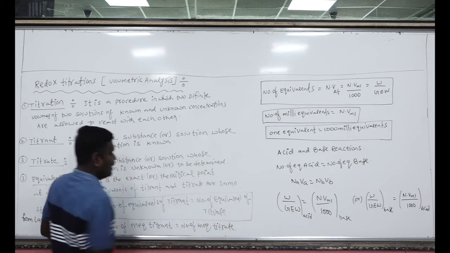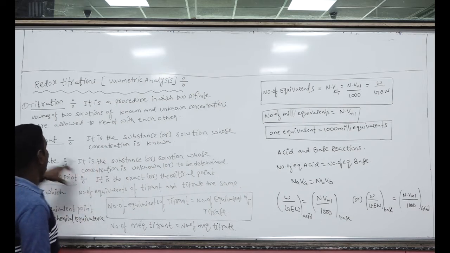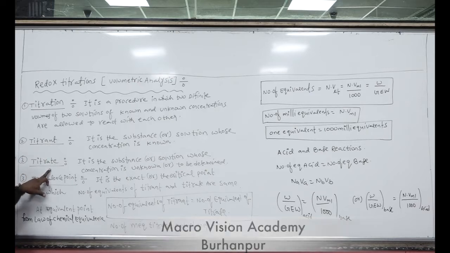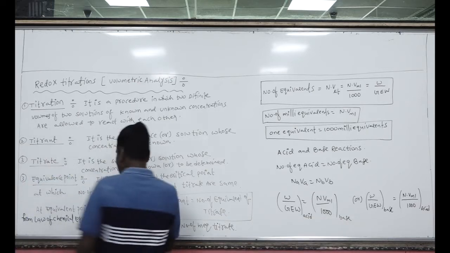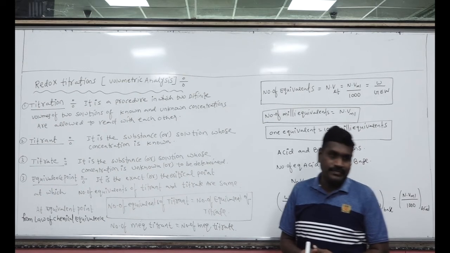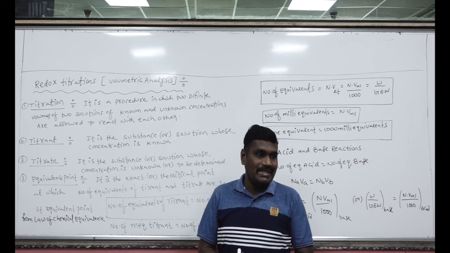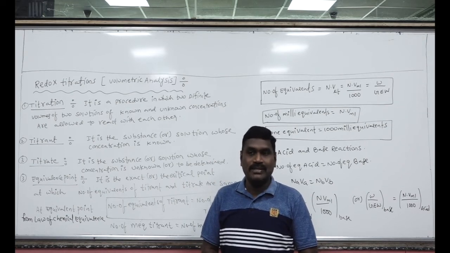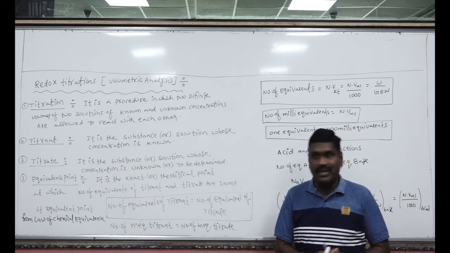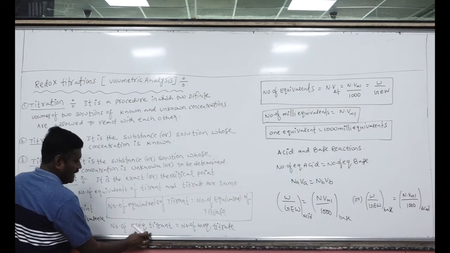That means, from the law of chemical equivalence, as per the law of chemical equivalence, in a given chemical reaction, each substance, that is each reactant or each product, number of equivalents or milli equivalents will be the same.